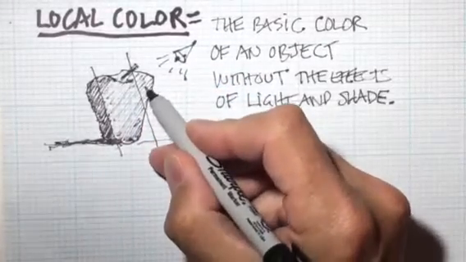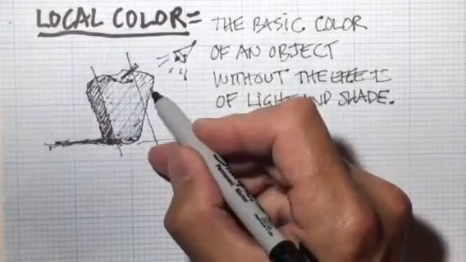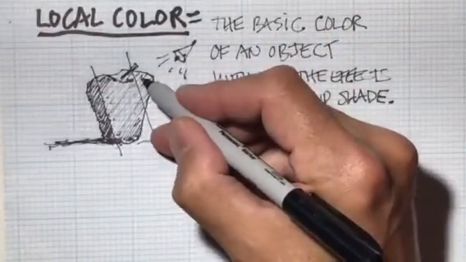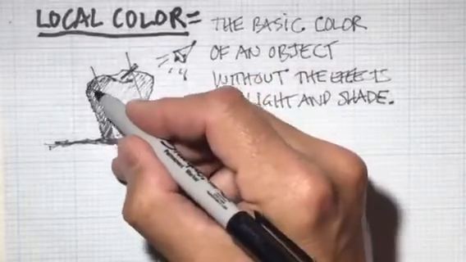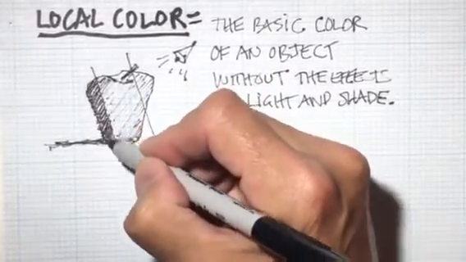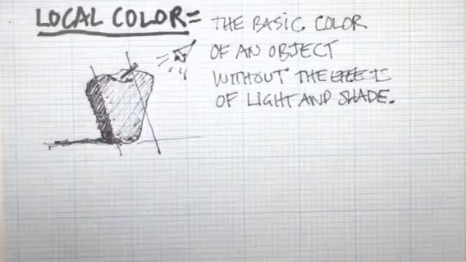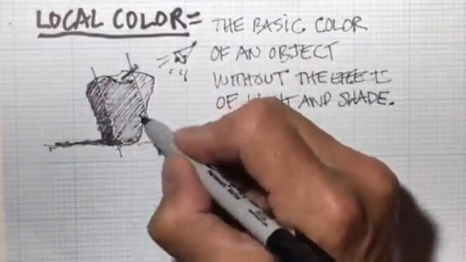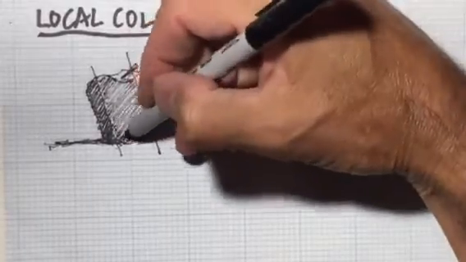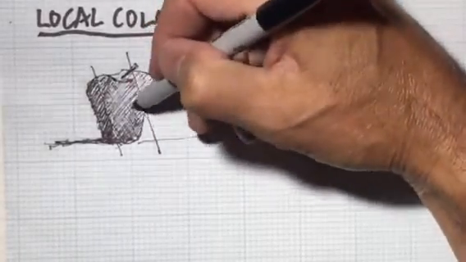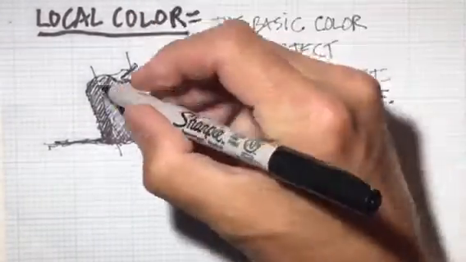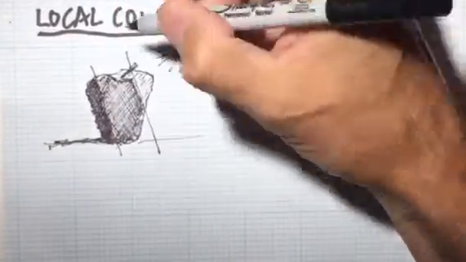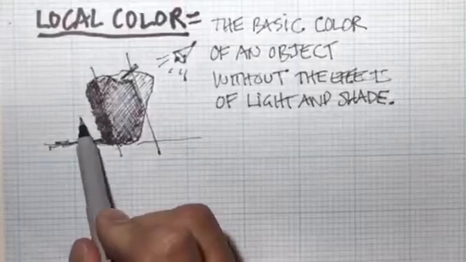And over here, on the lighter side where the light is closer, it's going to be lighter than the local color. We could even cross hatch this a little bit. Let's call this the shadow side.